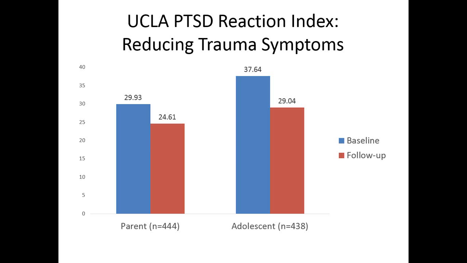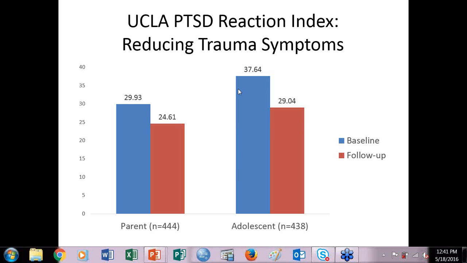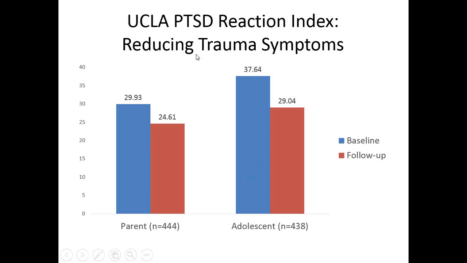In both cases, we want these scores to go down, so we want those red bars to be lower than the blue bars. And for the adolescent, it's about the same number of respondents. So in both cases, when we've been using TF-CBT with our kids, it does appear that their symptoms are reducing, and that's what we want to happen. That's the goal.